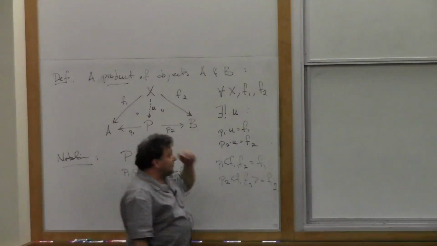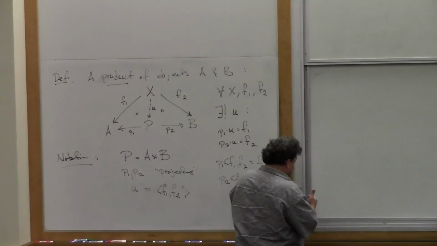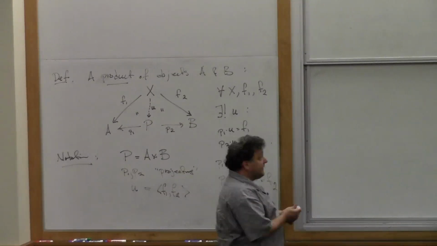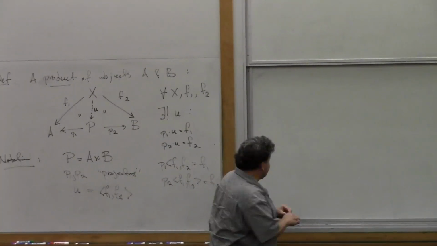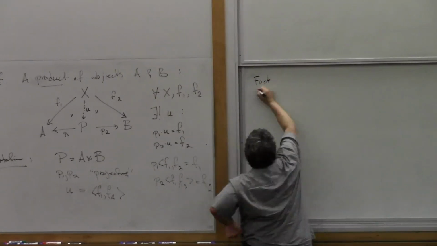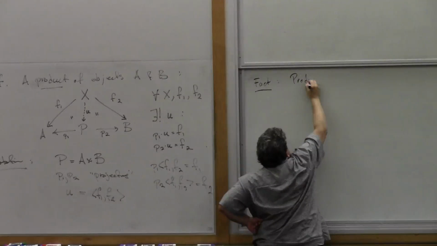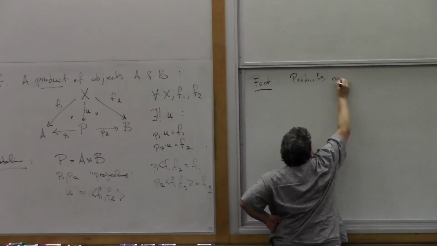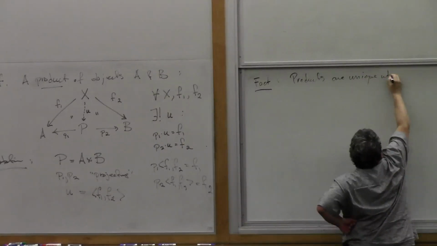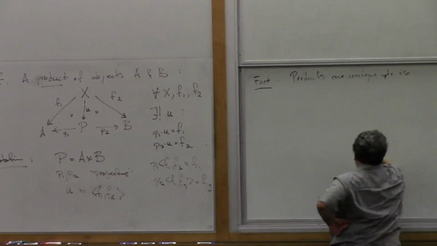Let's look at some examples. First of all, let's have a basic result about products. I said that these universal mapping properties determine things uniquely up to isomorphism, so let's just check. Fact: products are unique up to isomorphism. So what does that mean?